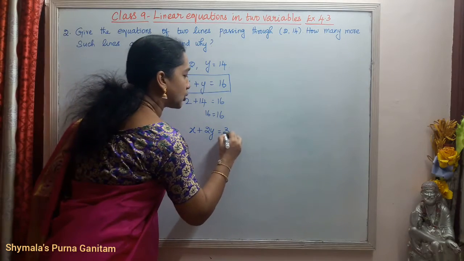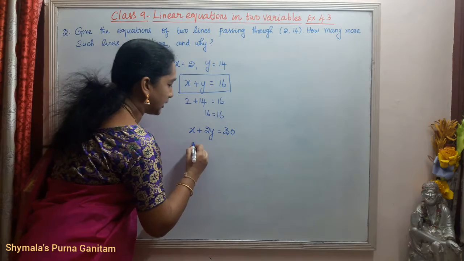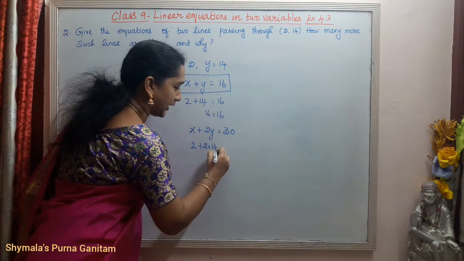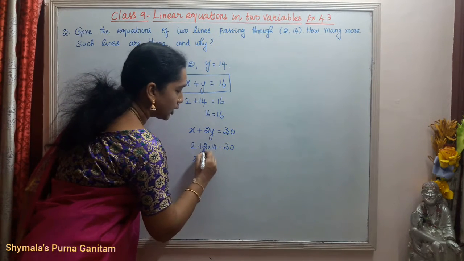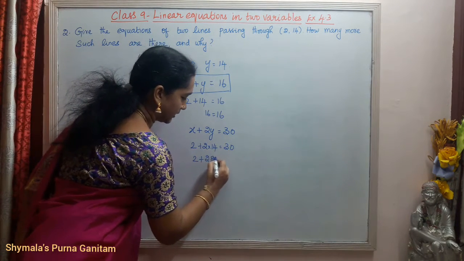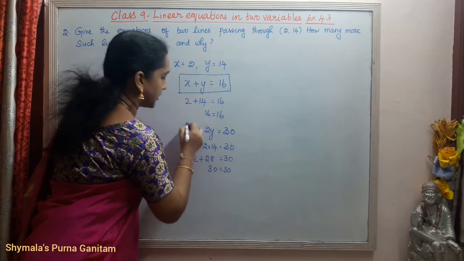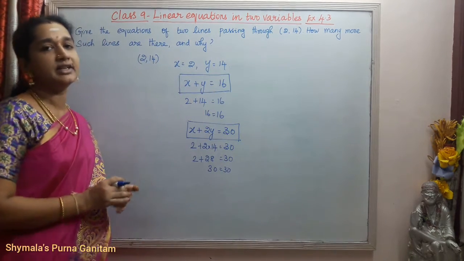So, x plus 2y is equal to 30. 2 plus 2 into 14 is 28, that is equal to 30. So 30 is equal to 30. So this is one more equation which satisfies the given condition.